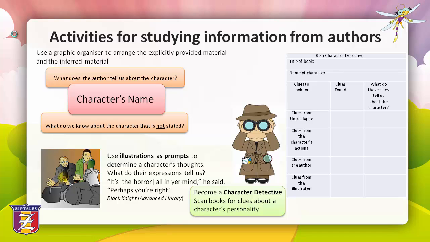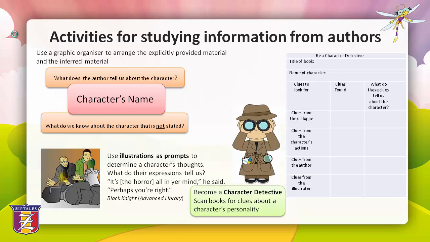The students could write the title of the book, the name of the character, and then in 3 columns, write down, in the first column you would put which clues the students need to look for, like clues from the dialogue, clues from the character's actions, clues from the author, and also clues from the illustrator. So in the middle column, the students record what clues they can find from those different areas, and then in the last column say, what do these clues tell us about this character?